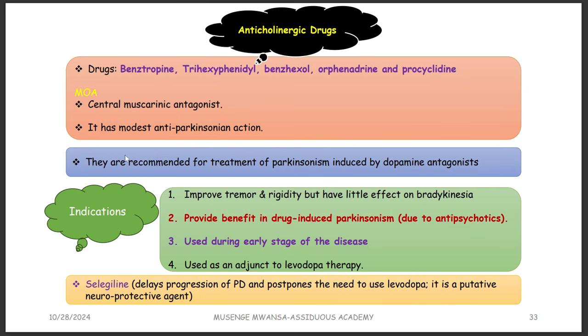Okay. So these guys are recommended for treatment of Parkinson's induced by dopamine antagonists. If the dopamine drugs that you are using are worsening the condition, don't use them. Instead, use those which are just going to reduce acetylcholine. These are actually dopamine antagonists, not agonists. So sometimes you have got Parkinson's disease that has been induced by drugs.